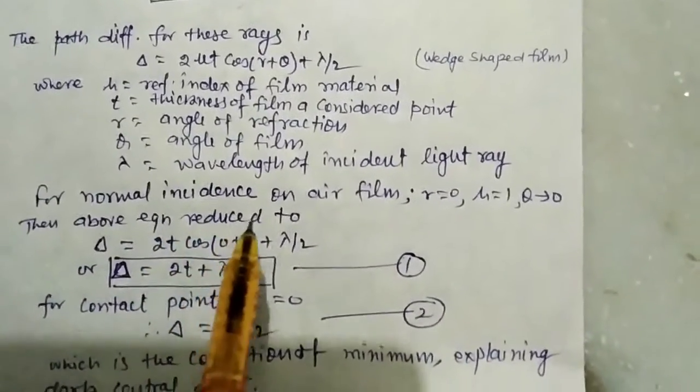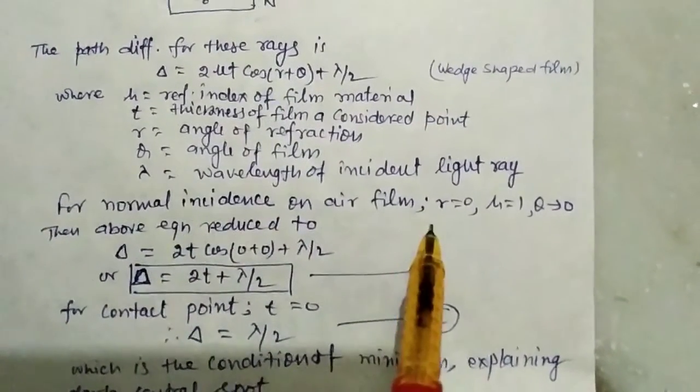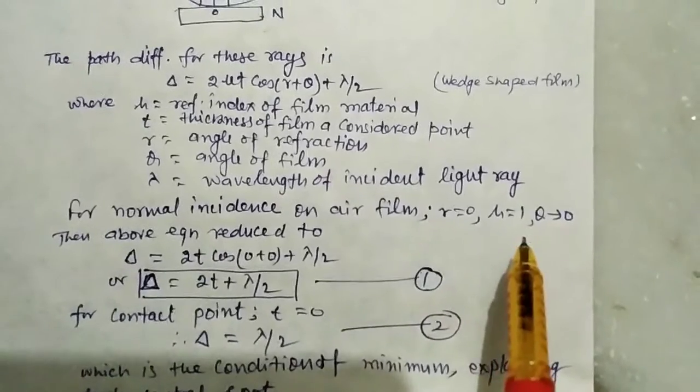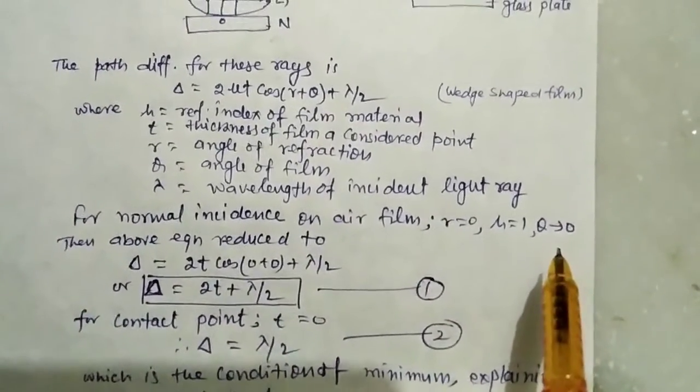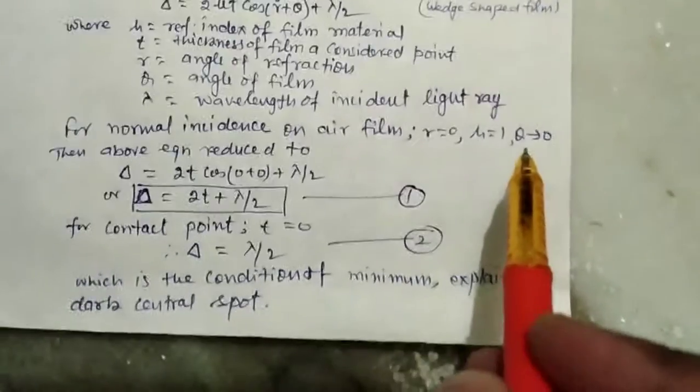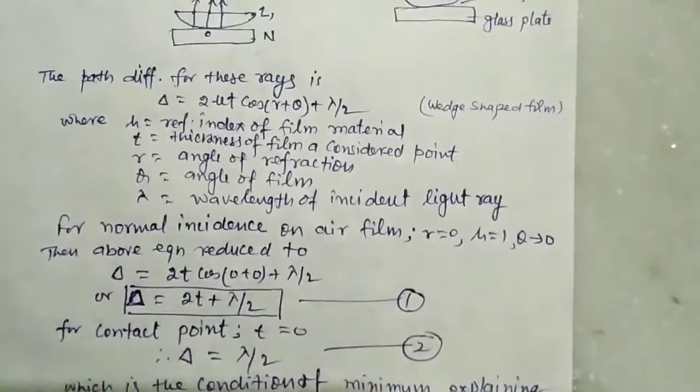For normal incidence on an air film, r will be 0, mu will be 1, and theta will tend to 0, since we are taking a lens of large radius of curvature.